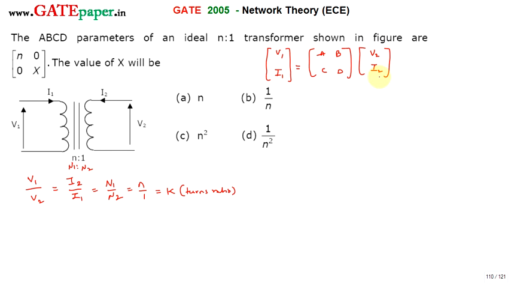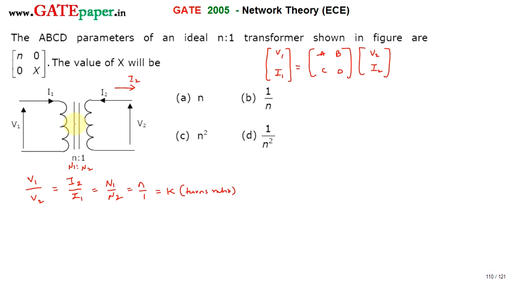You may be getting confused that most of the time it is shown as minus I2. Minus I2 means the current direction taken at that place is this one. I2 will be taken in this direction, but actual I2 is coming into port 2.